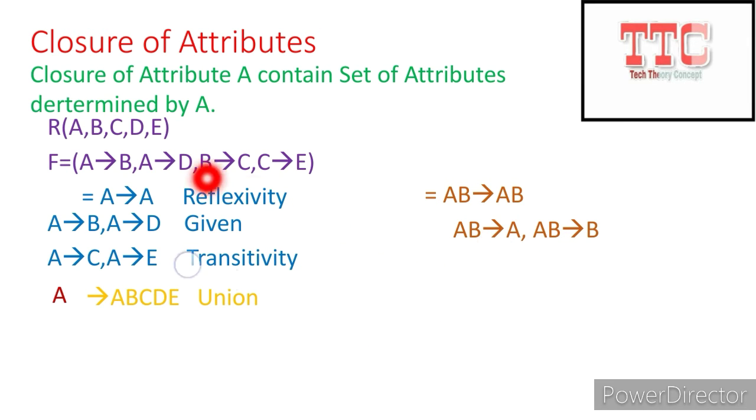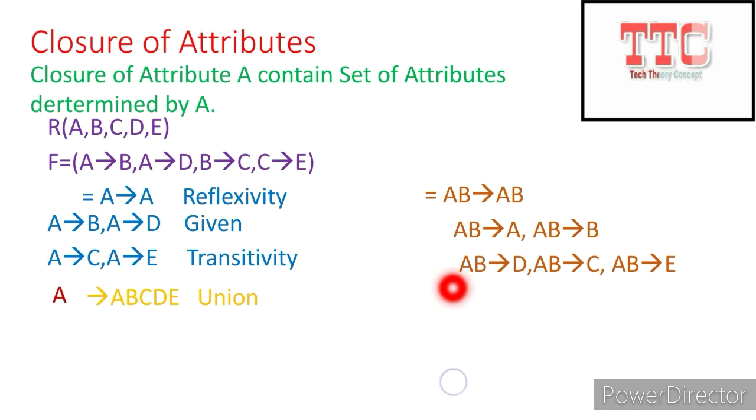Now if we use A determine D and AB determine A, we will have a new functional dependency, AB determine D. By using AB determine B and B determine C, we can find AB determine C. And if we apply the transitivity rule on AB determine C and C determine E, we will have a new functional dependency, AB determine E. So this is the transitivity rule, and we can find three new functional dependencies using it.